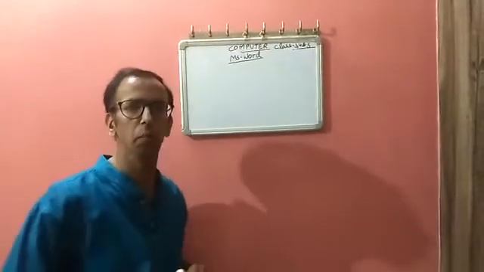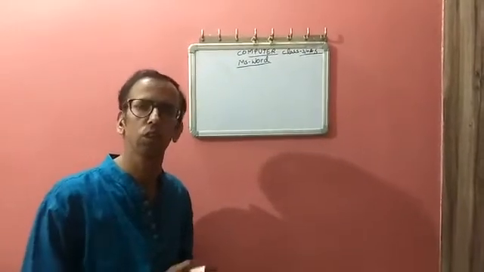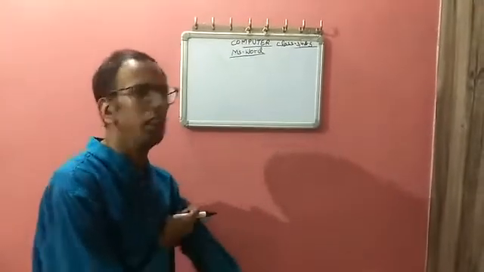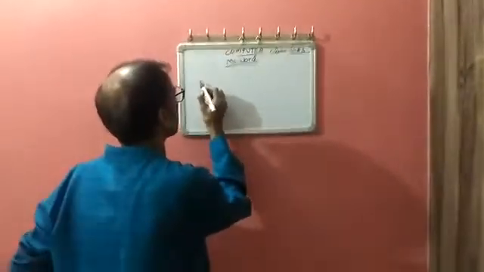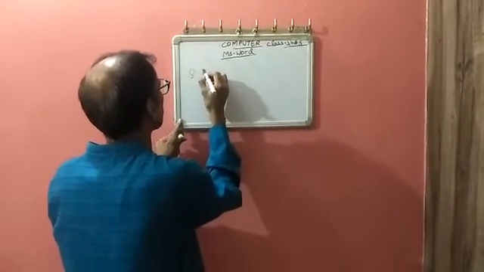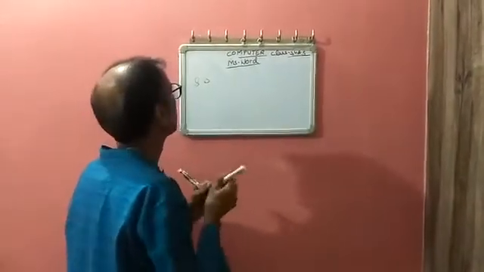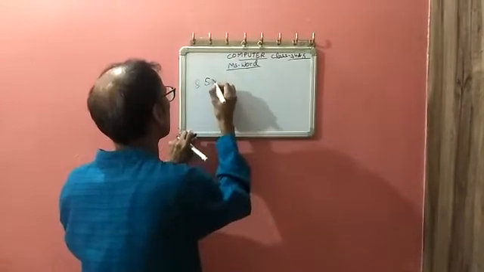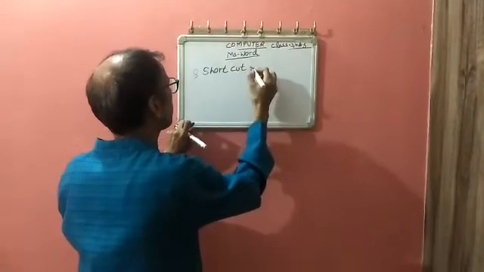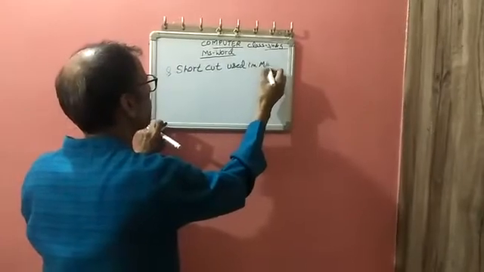There are many more topics in MS Word, but we will move towards shortcuts: how to use different keys to use MS Word features. The topic will be shortcuts used in MS Word.